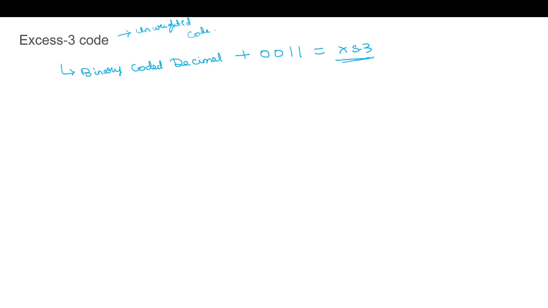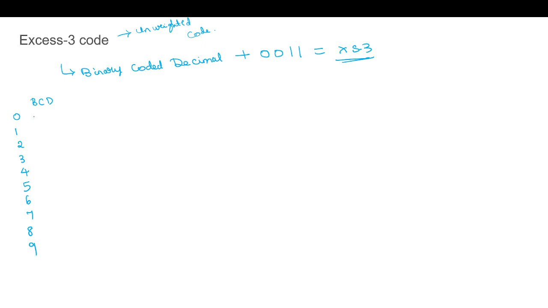The BCD numbers will range from 0, 1, 2, 3, 4, 5, 6, 7, 8, 9.